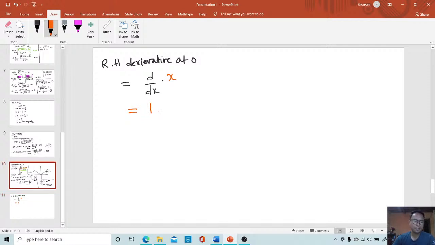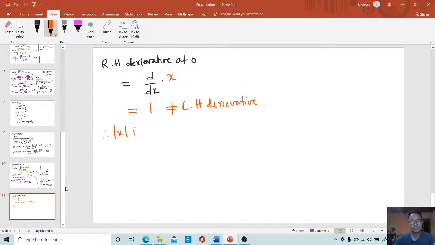The left hand derivative is minus 1. The right hand derivative is 1. So the left hand derivative and the right hand derivative are not equal. Therefore, modulus of x is not derivable at x equal to 0.